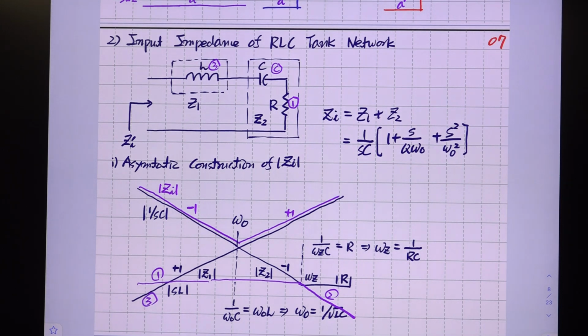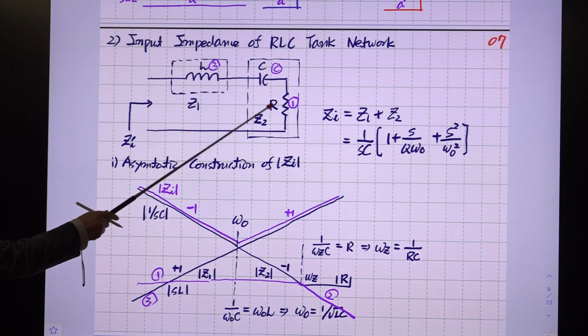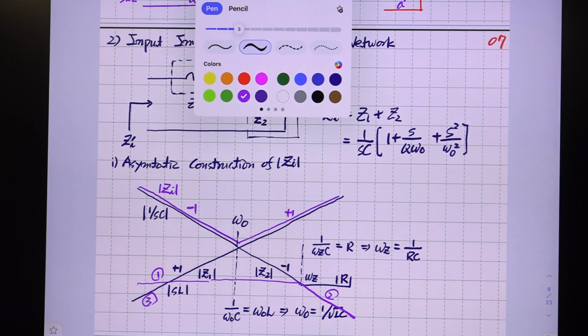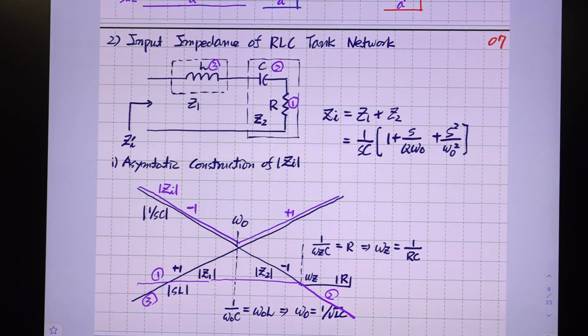So this impedance is a series connection of this, and we add this magnitude of impedance, 3 of them in series. First, we add this 1 and this 2, right? One and 2. We take the larger one. Then we have this.